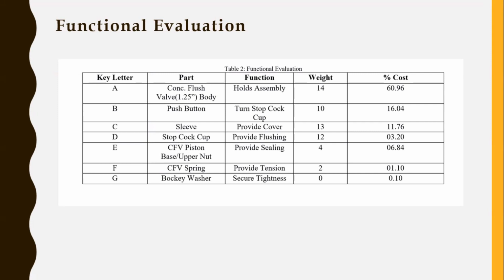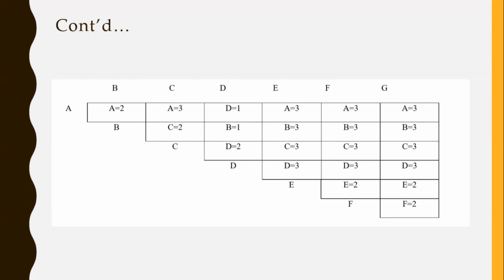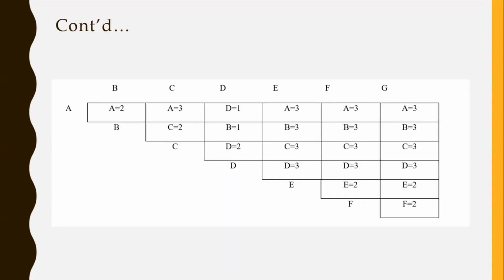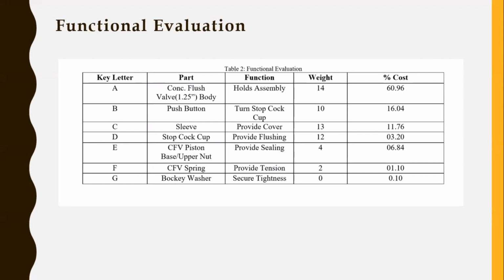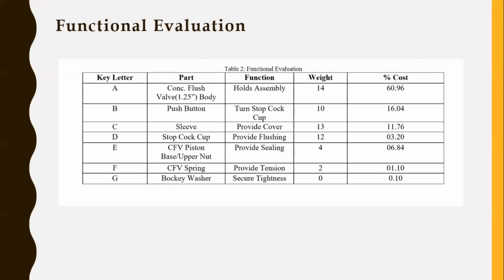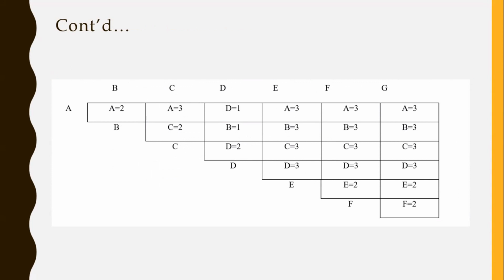In terms of the percentage cost, the valve becomes very expensive, and it contributes nearly 61% of the total cost, and also the weightage received is the highest for the valve. Okay, right. So A is the valve, yes. And C is the sleeve, it's 13. Then D, stop cock.